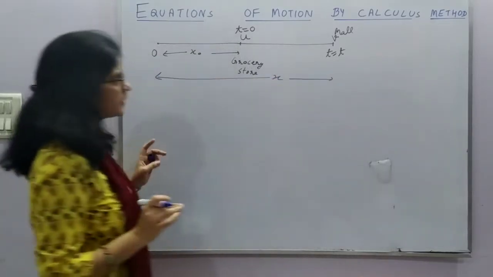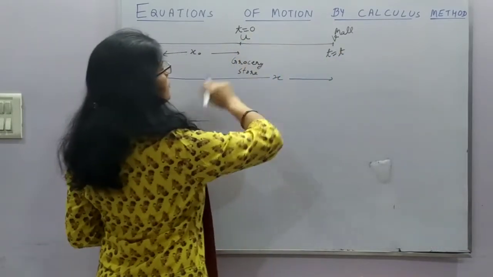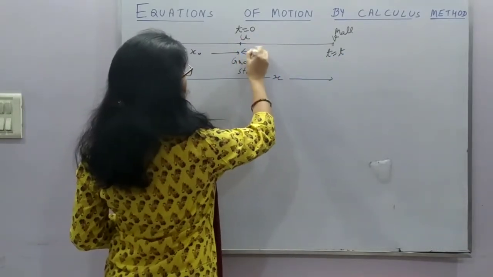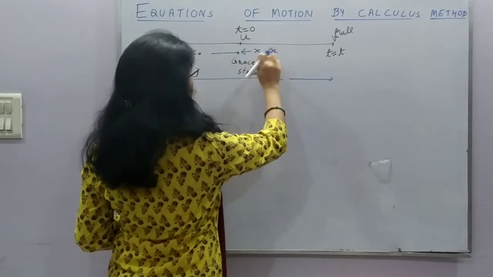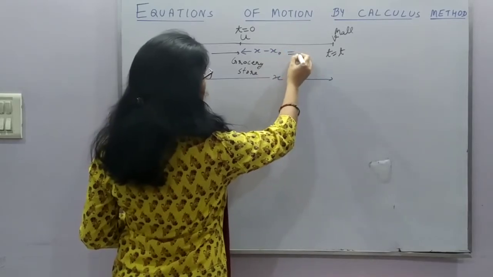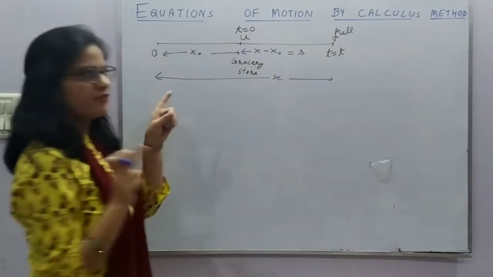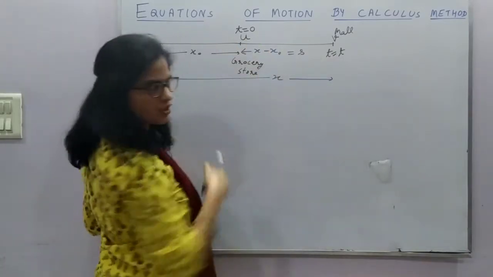So if we consider how much distance is travelled between time equal to 0 to time t, then this will be x minus x naught, final minus initial, and this can be replaced by the distance travelled in time t. And why is this velocity changing from initial to final?